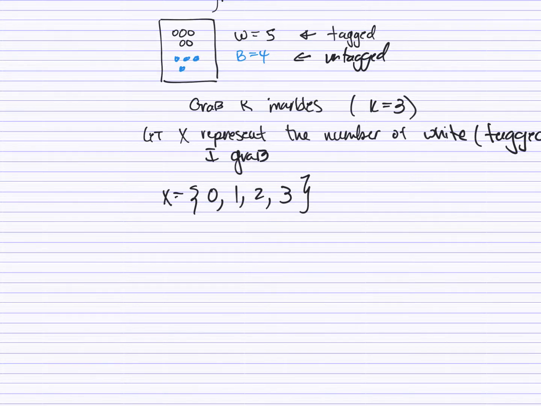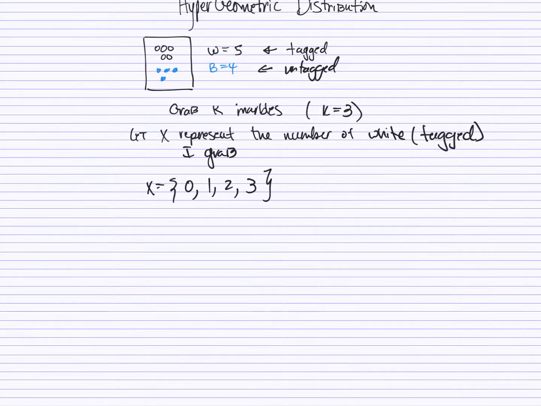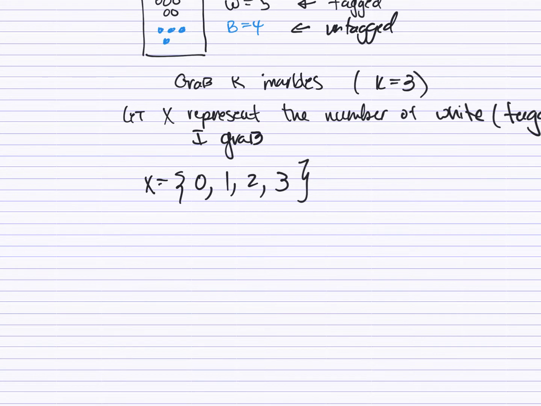All right, so if this is my random variable counting the number of tagged, we've already seen this problem before, but it actually represents a common distribution, which is called the hypergeometric distribution. So if you remember, let's make our chart and see if we can generalize. If X is 0, then what is the probability X takes on that value? Well, this is just a counting problem.